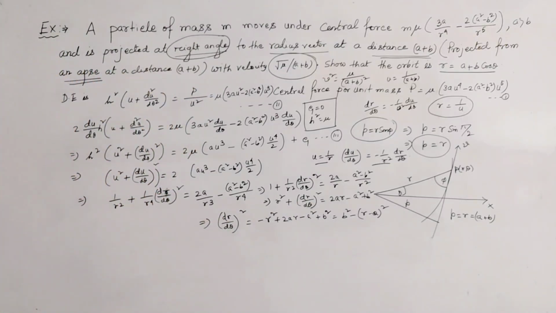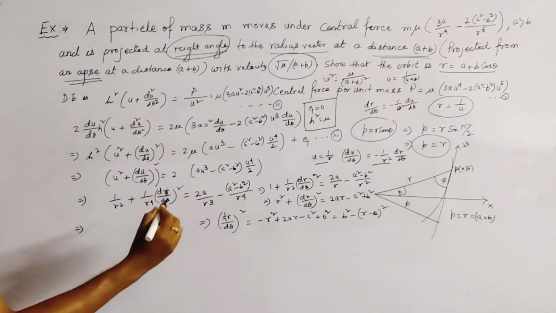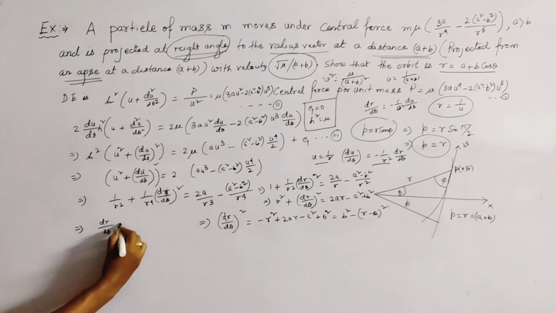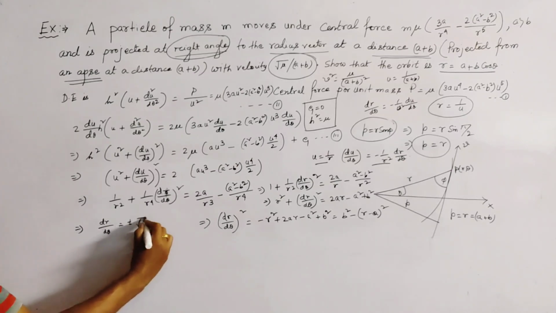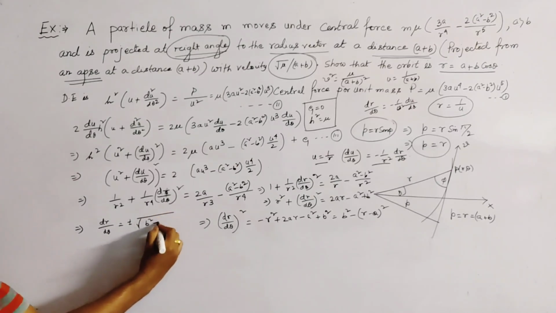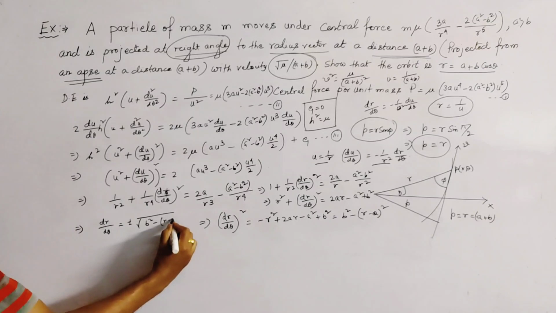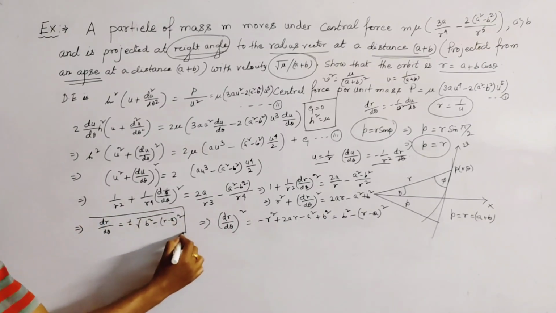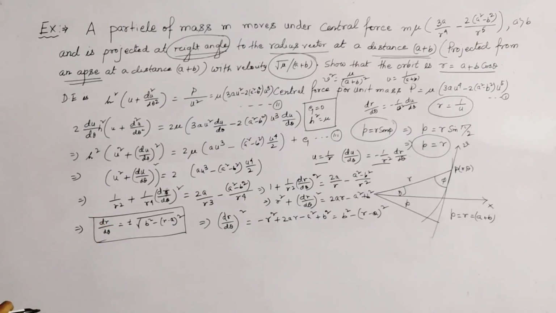Okay, b square minus r minus a whole square, and taking the square root from both sides we get dr d theta equal to plus minus root under b square minus r minus a whole square. Now this is the final differential equation of the central orbit, and this is ready for integration.